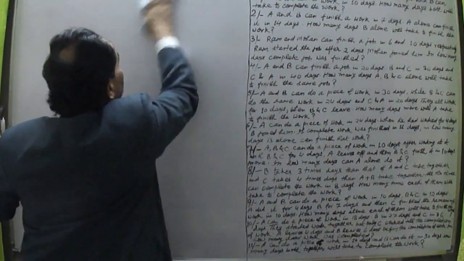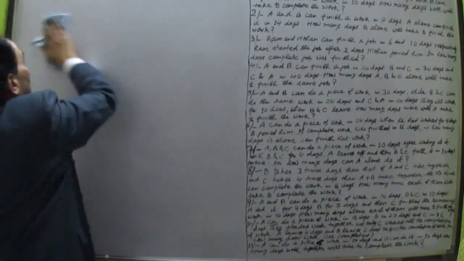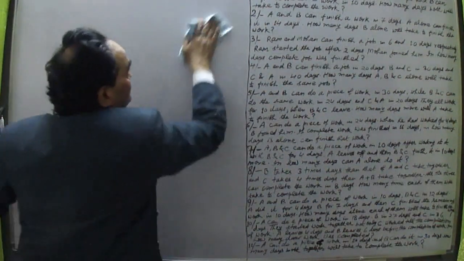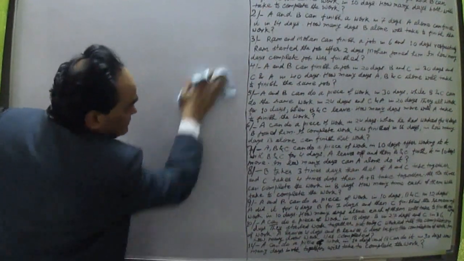Okay, now question number 8, let us talk about what is given to us and what we have to find out. That we have to write here. After that I'll solve the question.